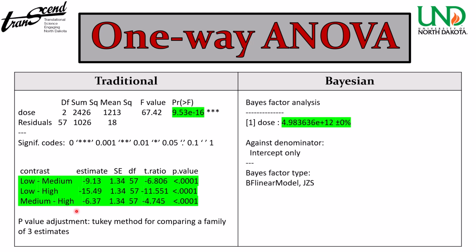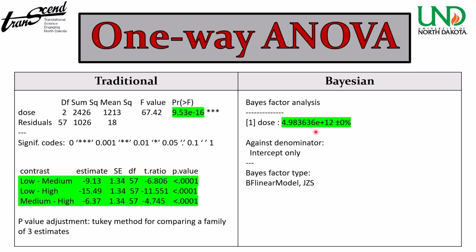For Bayes analysis, we can have our Bayes factor. Now, sometimes it's expressed in scientific notation. There we go, scientific notation. So it's not just 4.98, it's 4.98 times e to the 12. So this is like, was it millions, billions?